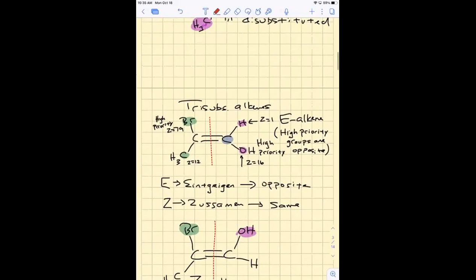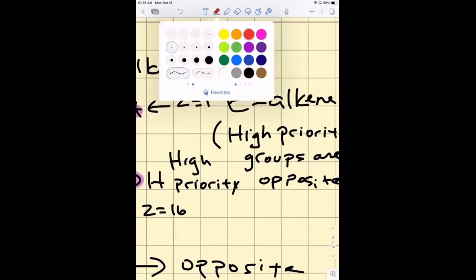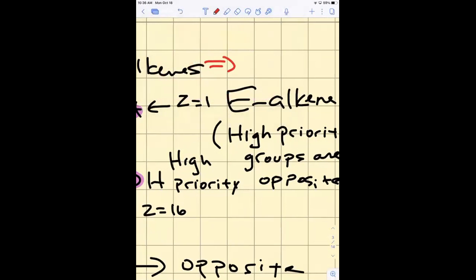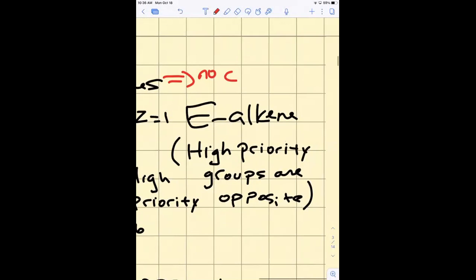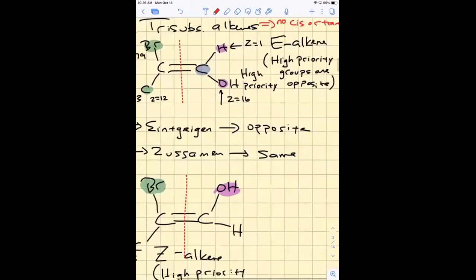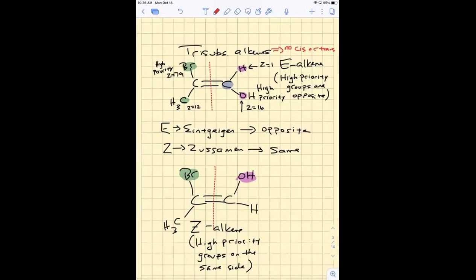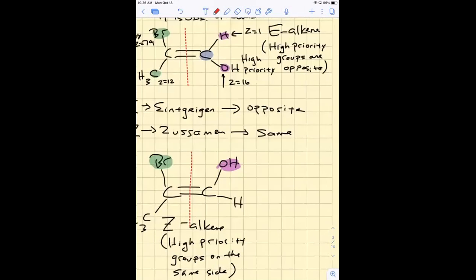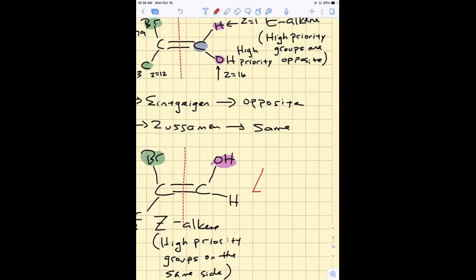But when the Z alkene, those are on the same side. They look like opposite sides. Okay, so think same side. Think about this alkene being flat, planar, right?